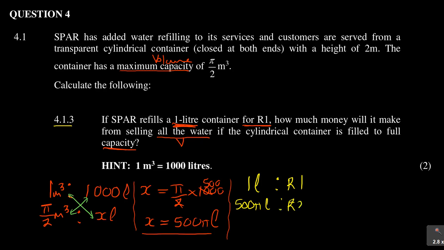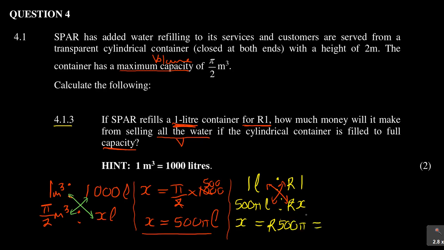So we don't know how much it will cost, and you do the same thing, you cross multiply, because this is a ratio, and you say 1 times x. In this case, we are going to have x is equal to 1 times 500 pi, remember now this is money.